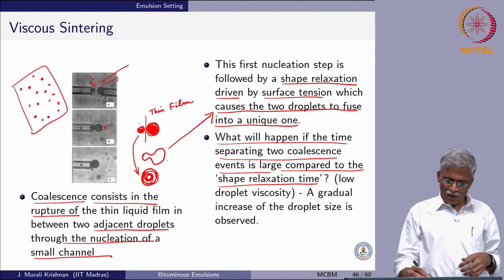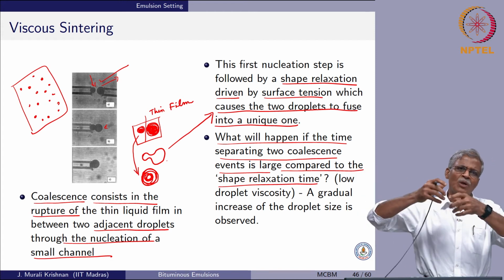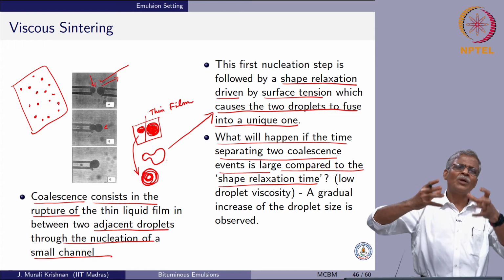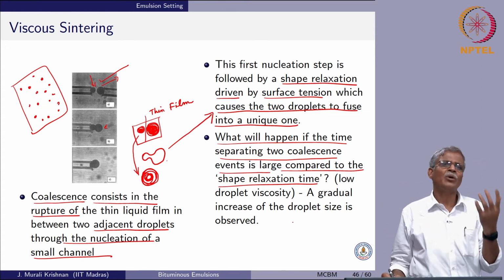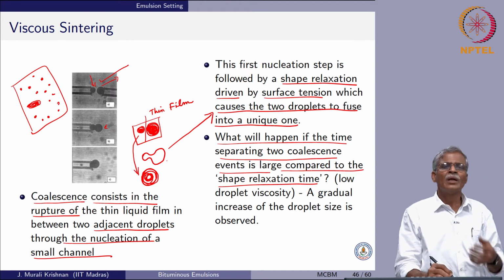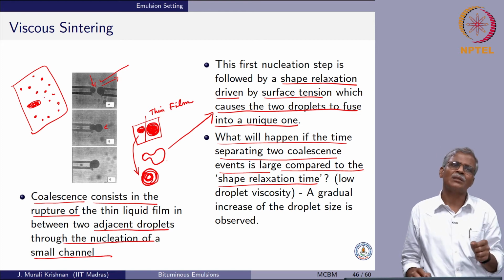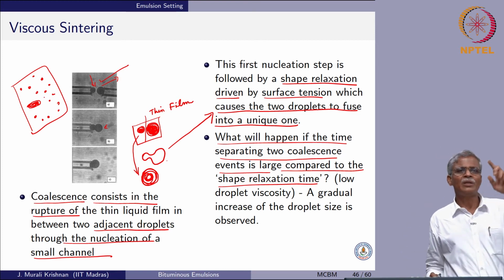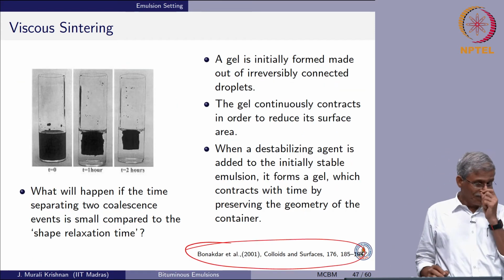Now, if the time required for this coalescence to form is sufficiently large, but once that happens, the droplet size will keep on increasing. So, let us say if these two things come together, and then immediately it becomes a sphere, because the time associated with that shape relaxation is substantially small compared to the time associated with the coalescence. Okay, I hope it is clear.